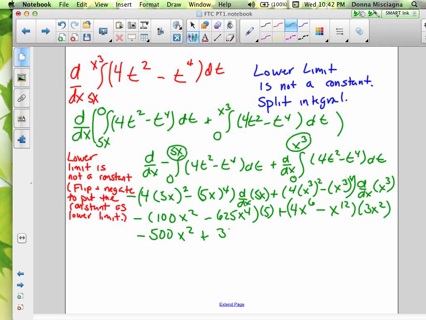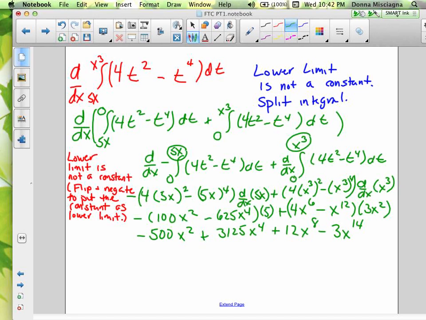So 3125x to the fourth plus 12x to the eighth minus 3x to the 14th. We add exponents to multiply like bases raised to a power. And there are not a single like term here. So we are done.